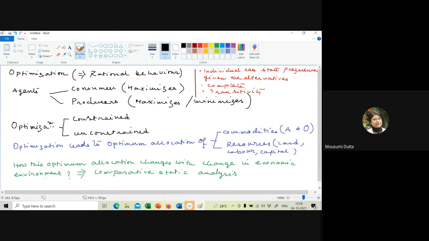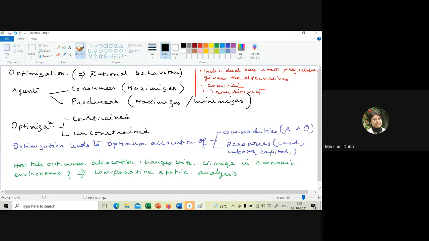Microeconomics will tell us how actually we will go for this kind of maximization, minimization for different agents in an economy on one hand. On the other hand, it will tell us if the economic environment changes, what will happen to this allocation?